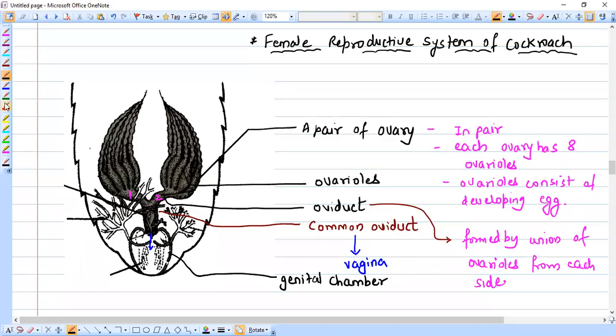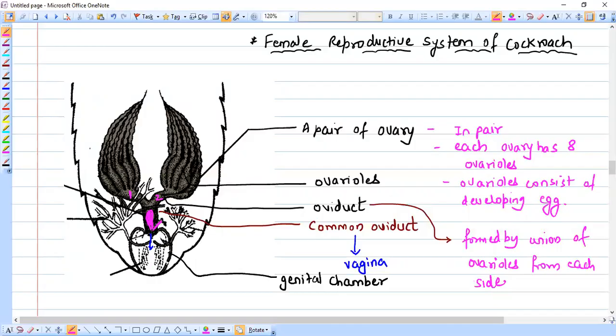Here you can see a pouch-like structure. This is a very important part. This pouch-like structure is called spermatheca. Now what is spermatheca?